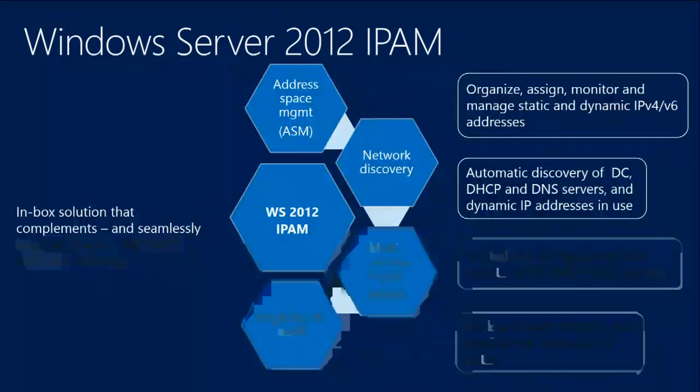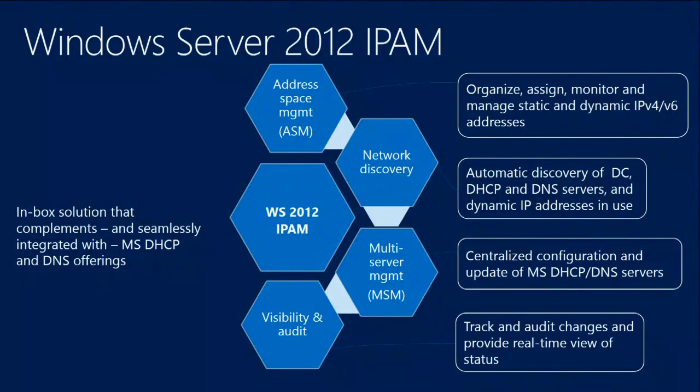The first area is address space management. Essentially, IPAM allows you to plan, design, and have an address plan which is populated in the IPAM system, which can be managed out of the IPAM system. That caters to both static as well as dynamic, which is DHCP assigned addresses, so static IP ranges as well as dynamic IP ranges.